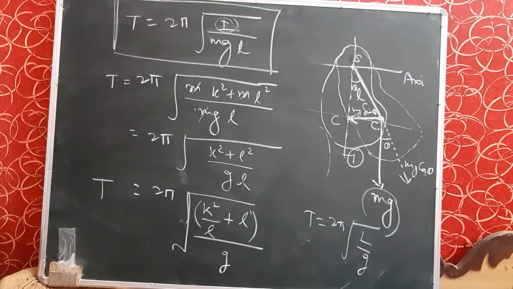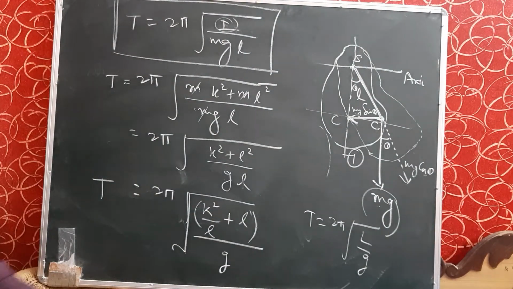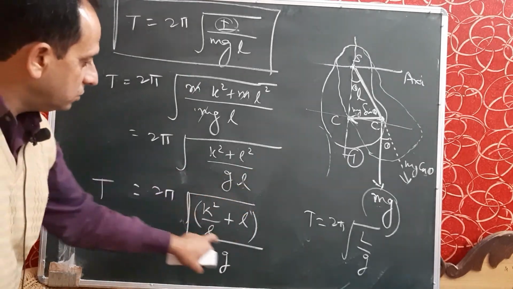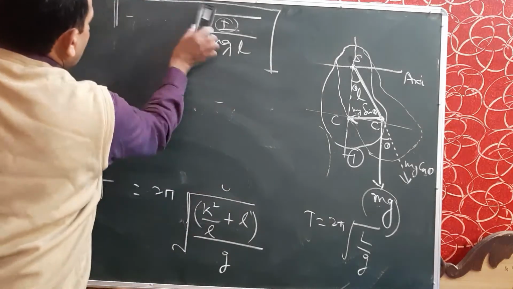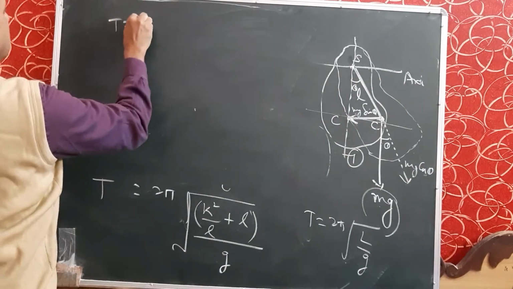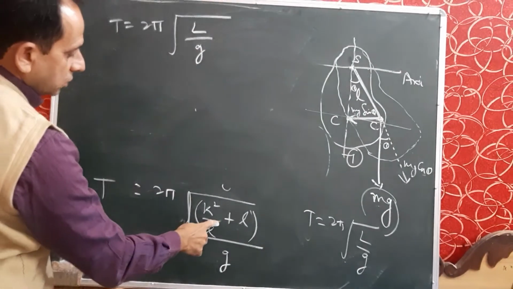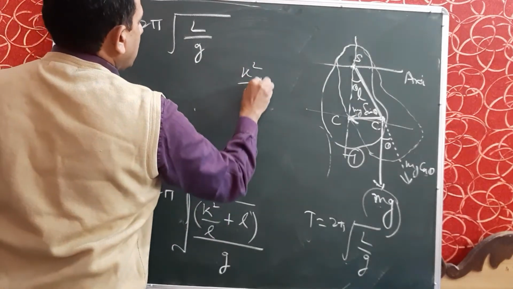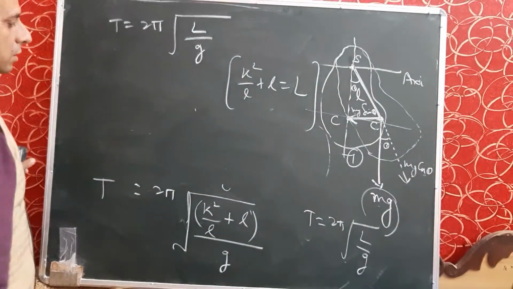So I am comparing this formula with this formula: g is here, 2π is 2π here, and the root, and this one is L. So this formula is T is equal to 2π root of L over g. So I have put this value K²/L plus L as capital L.